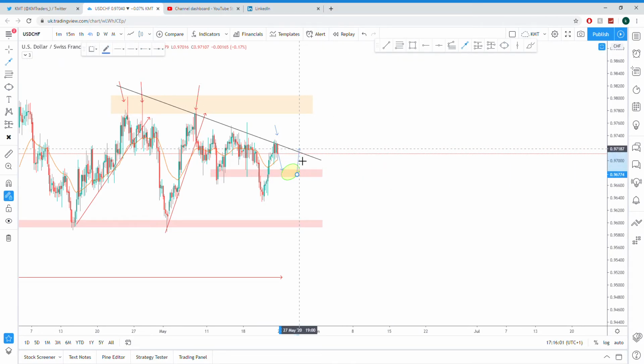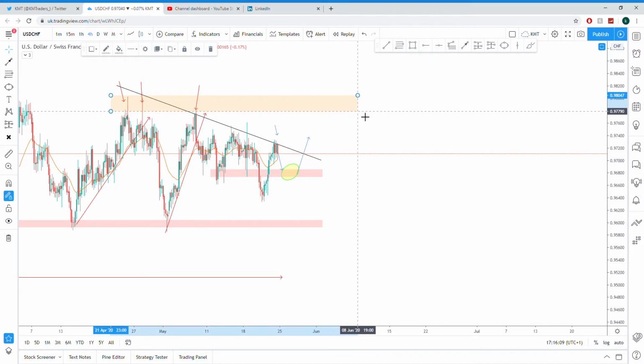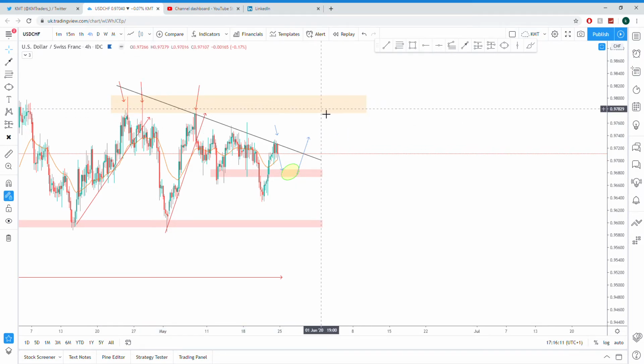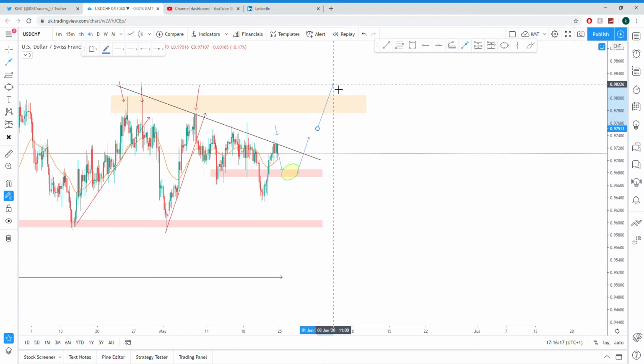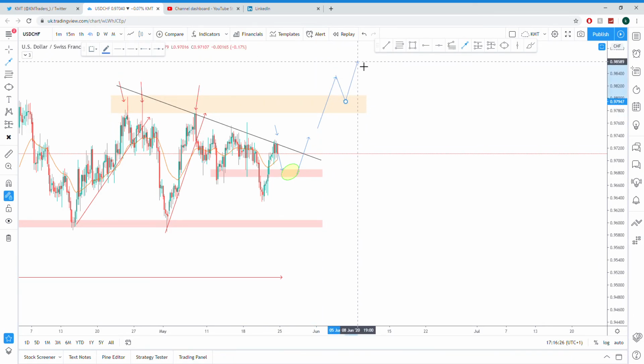So if we're able to push and have a strong enough momentum to close above here, then that'll be of very good significance, and we could be looking to again target the short-term range with this top level. But for the conservative approach, it would be waiting for price to break out of this top line wedge and push above this zone here and pull back into this range before we push further high.